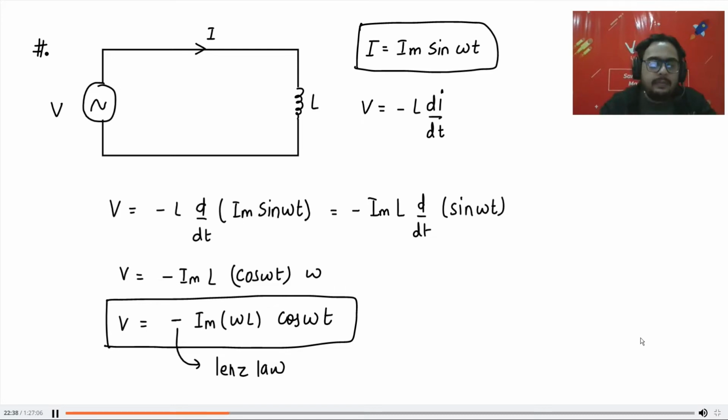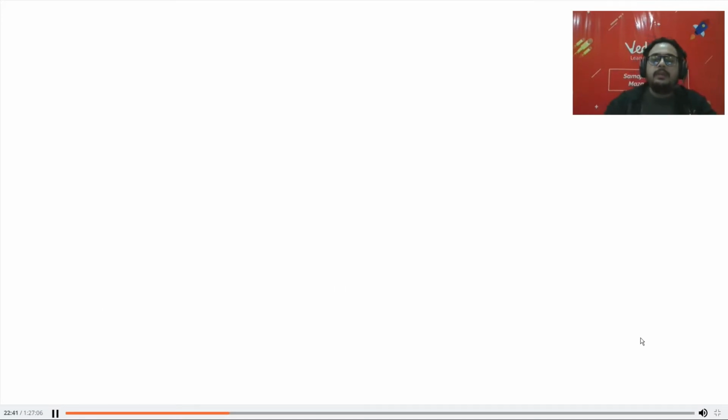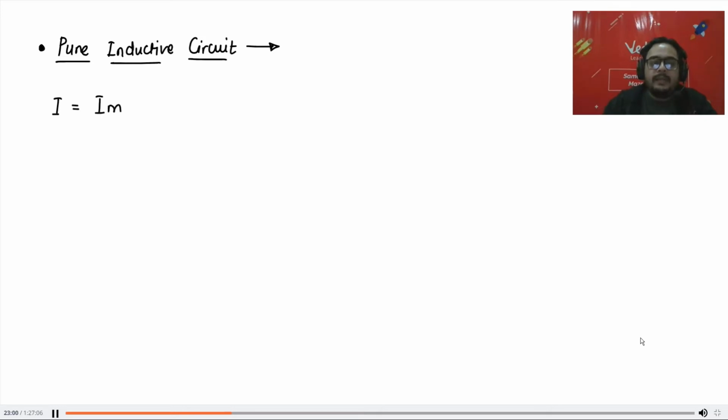Wait for a second, everyone. So basically, what did I get for a purely inductive circuit? For pure inductive circuit, I got, if current in the circuit is Im sine omega t, then magnitude of voltage is Im into omega L into cos omega t.